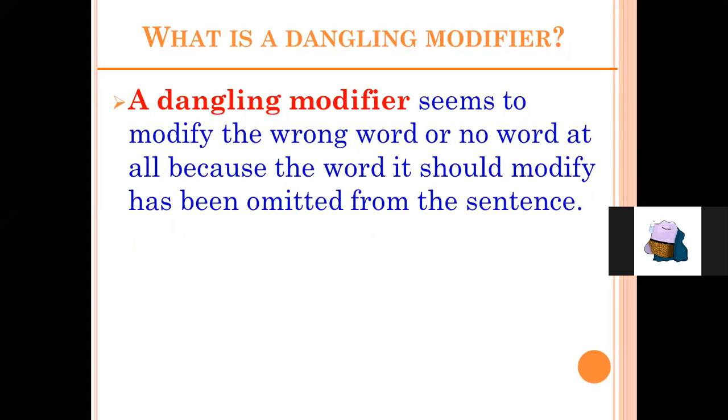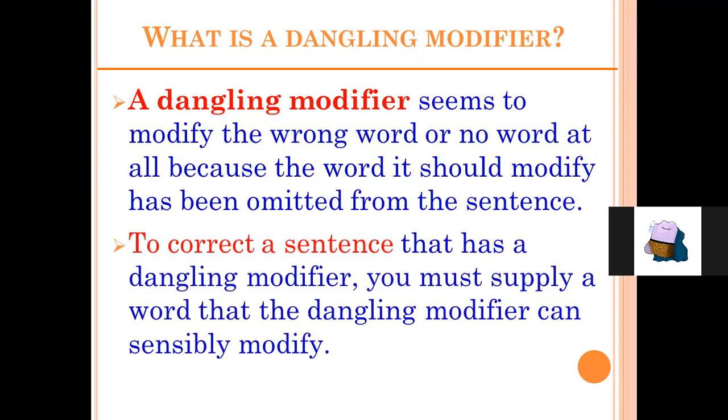Actually, we use the modifier to modify a phrase or a word, but a dangling modifier modifies no word at all, because the word it should modify has been omitted. And sometimes you have omitted the word, and after that, your modifier has no word to modify.